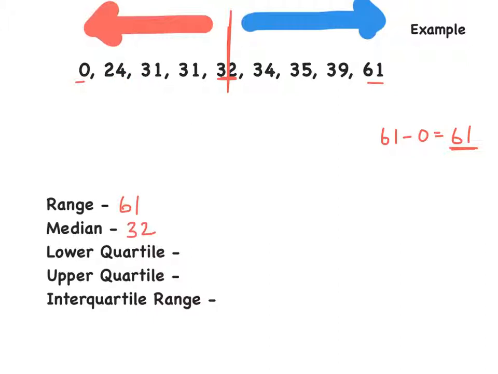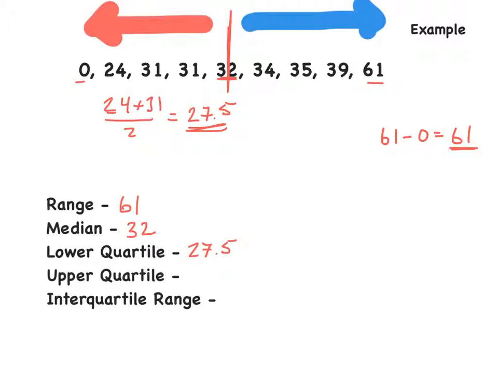So to find the median of 24 and 31, we add 24 plus 31, then divide it by 2. When we do that, we get 27.5, or 27 5/10. In that case, 27 5/10 is our lower quartile.